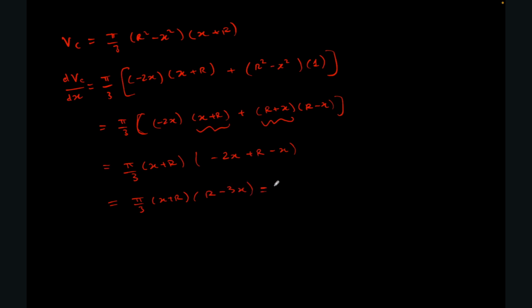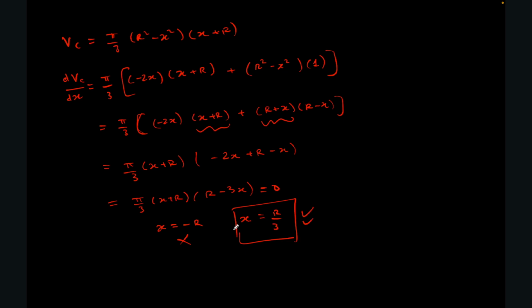I have to equate this to 0 to find the turning points. Well, x can't equal negative R, but x can equal R/3. So this is my only valid solution, because I have to neglect the other solution since x can't be a negative value. If I was just blindly solving this as a calculus question, I would take that solution into consideration, but I know that lengths can't be negative, so this is my real answer.